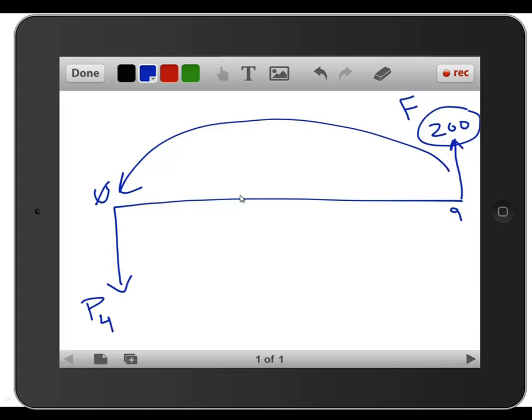To do that, we just use the formula P is equal to F, P given F, 15% and number of periods is 9. And that will equal $56.85. And this is P number 4.